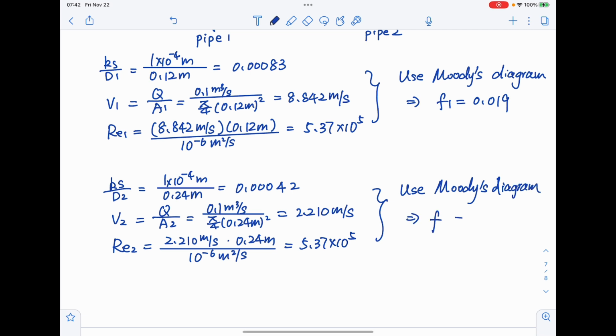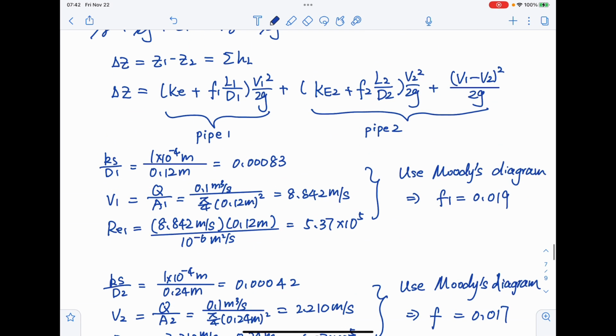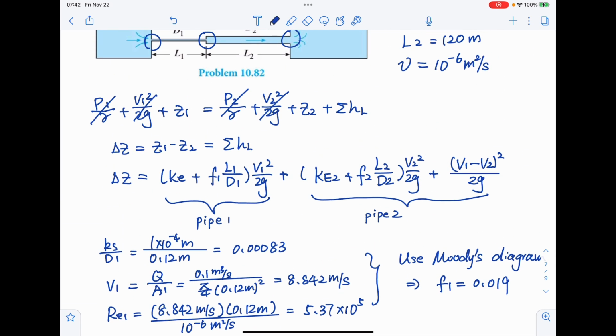F will be equal to 0.017. Now we can substitute all the numbers into the original energy equation, this one.